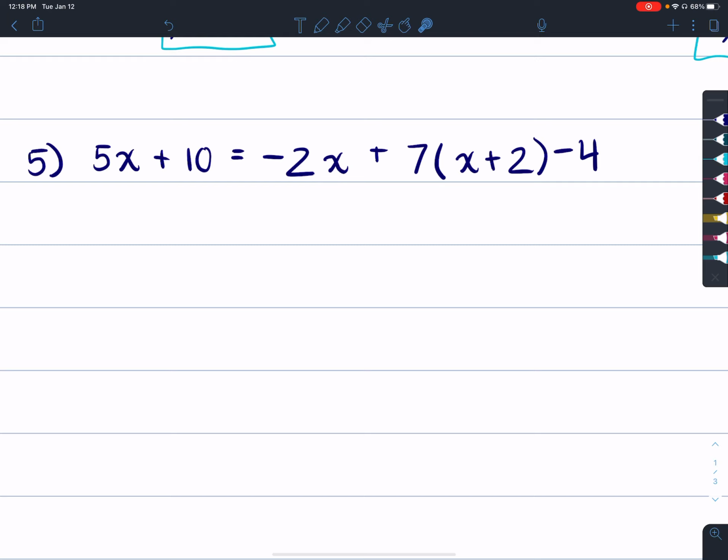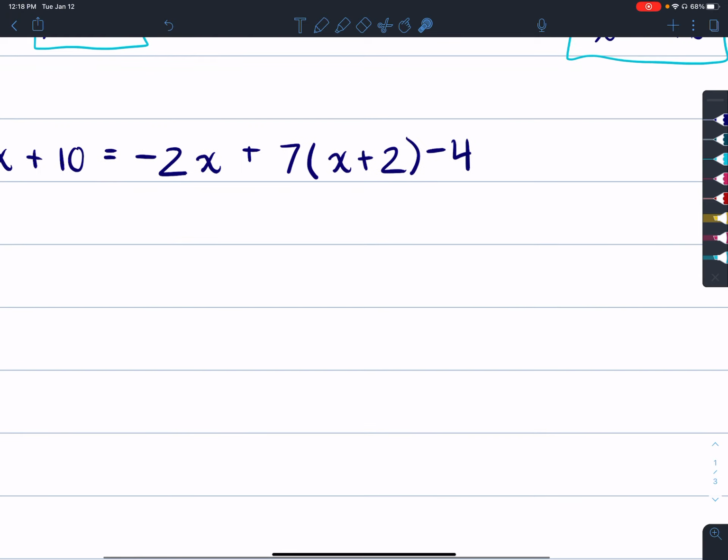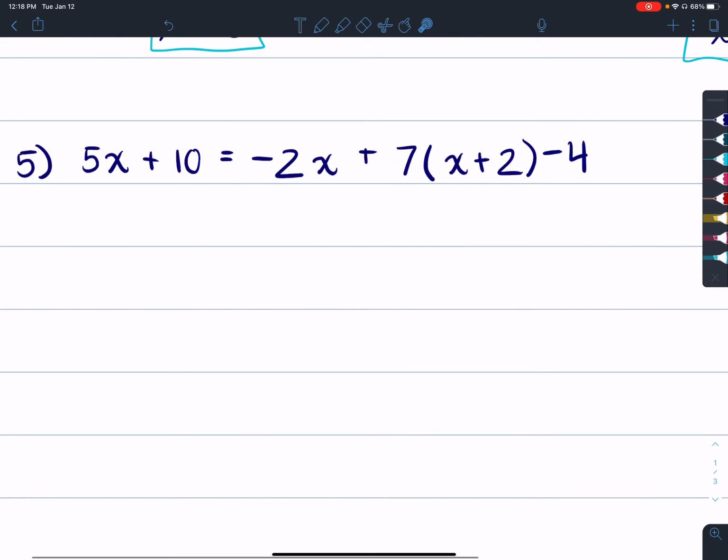We have an x over here, we have an x over here, we have a constant term here, and we have a constant term here. We really want just one of each. And then we want our final thing to look like all the x's on one side and all the numbers on the other. So that's the goal here, is that we have to start off by simplifying this whole side before we can really do anything to it.